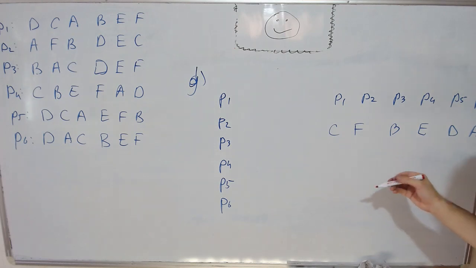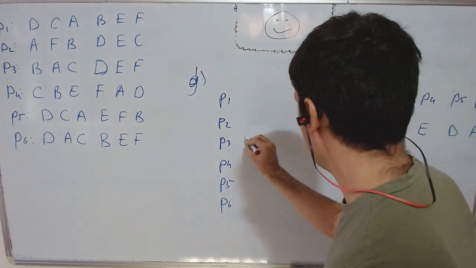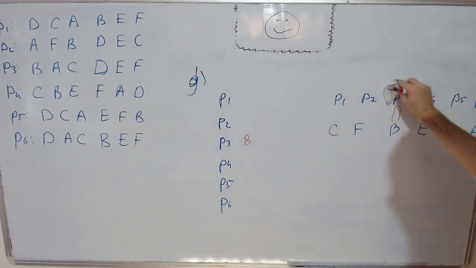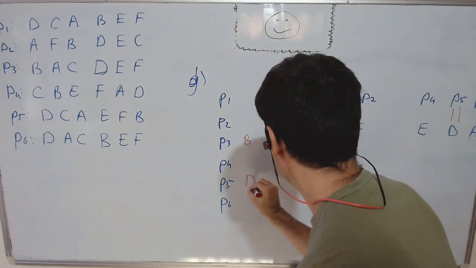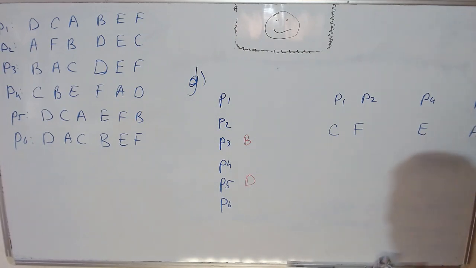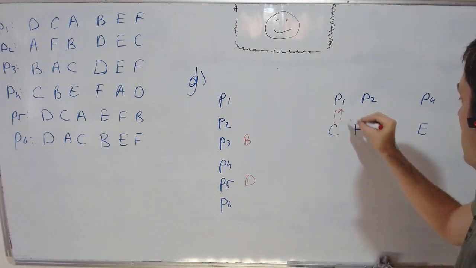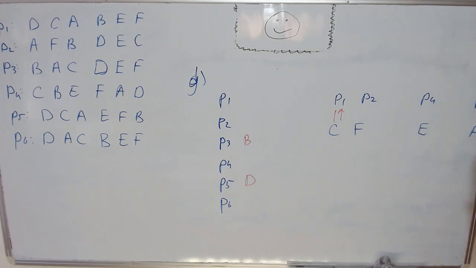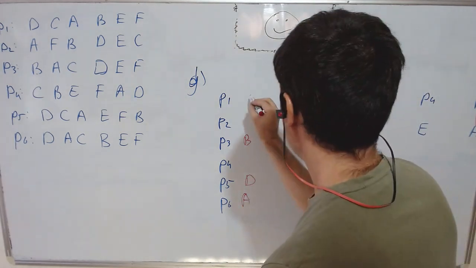Notice that P3 points to B and points back, so I can put this house into B and erase it. Notice that P5 is in the same story. Once D is gone from the market, P1 points to C and back. Also notice that P6 points to A and back. So A here, C here.